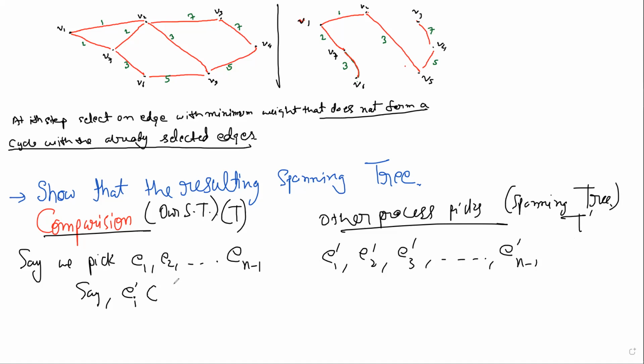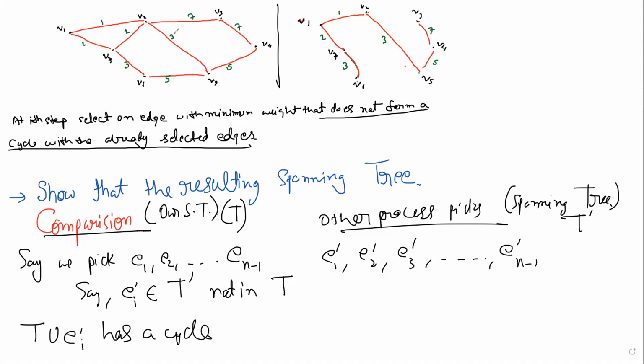Say ei prime is in T prime but not in T. Then when you put ei prime in T, it will form a cycle with T.